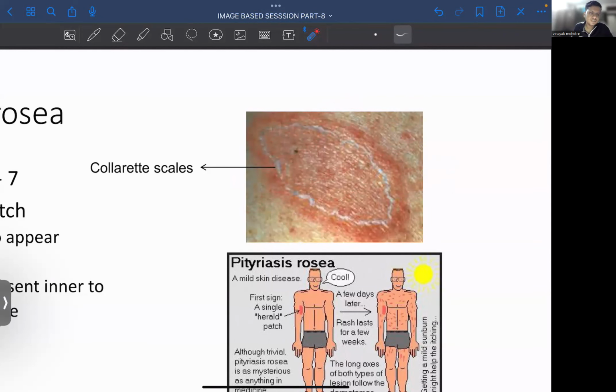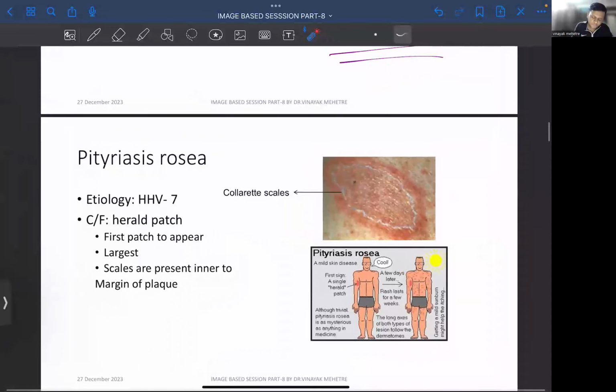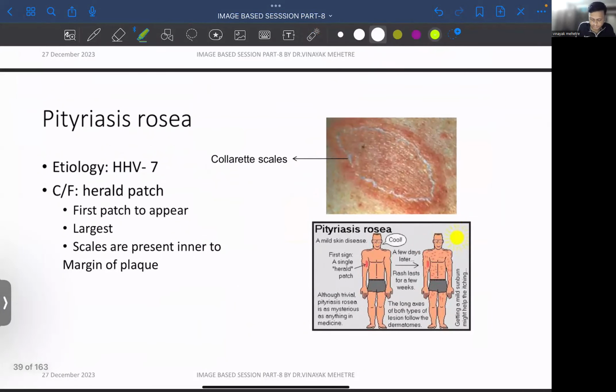But over here there is a single line inside the red lesion, which is pityriasis rosea. HHV7, right?